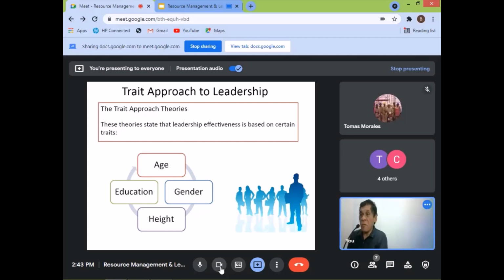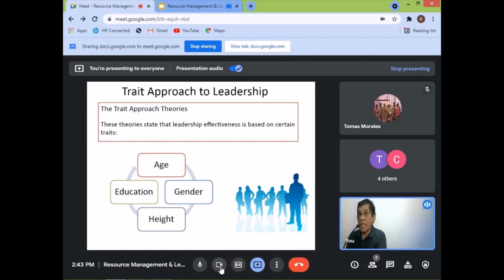Maybe the other companies are thinking, oh, the older people, they're now on the horizon. They're not interested anymore in improving the business, things like that. So that is the thinking of some organizations.